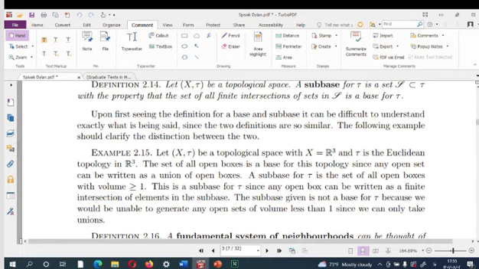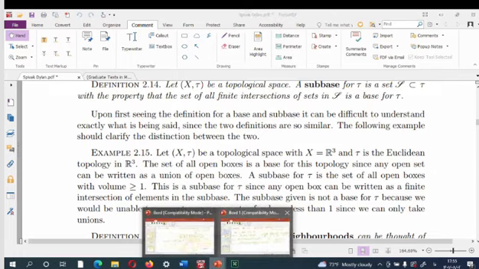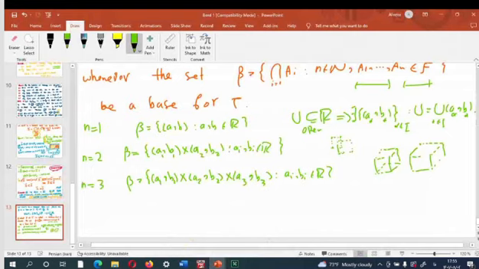This is a subbase for tau since any open box can be written as a finite intersection of elements in the subbase, because any of these boxes or cubes can be written by a finite intersection of cubes with volume greater or equal 1.